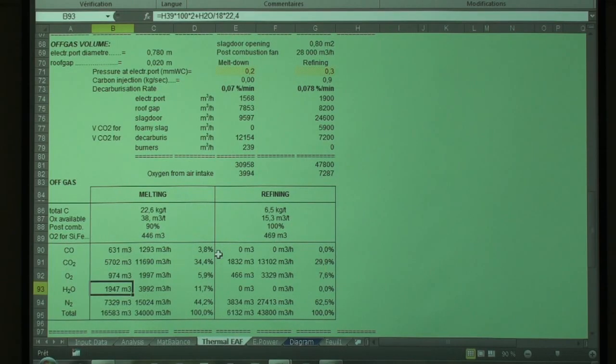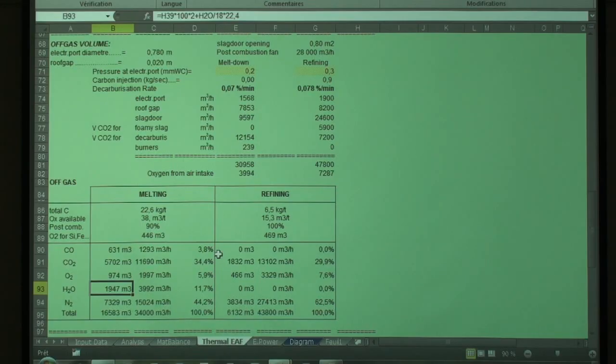Even Air Liquide is also, let's say, telling the truth now, that if you put the post-combustion injection nozzles in the upper shell, you just increase the electrode consumption and the carbon consumption. Of course, you increase the productivity of the furnace, right? But using more fossil energy.